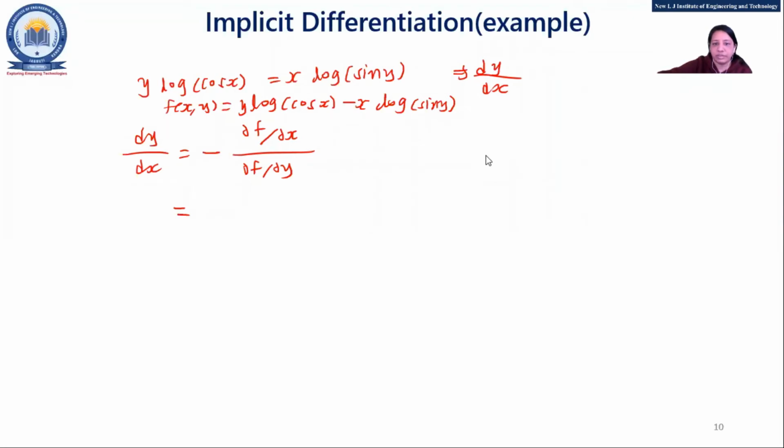Just let me know the del f by del x. Our function is y log cos x minus x log sin y.